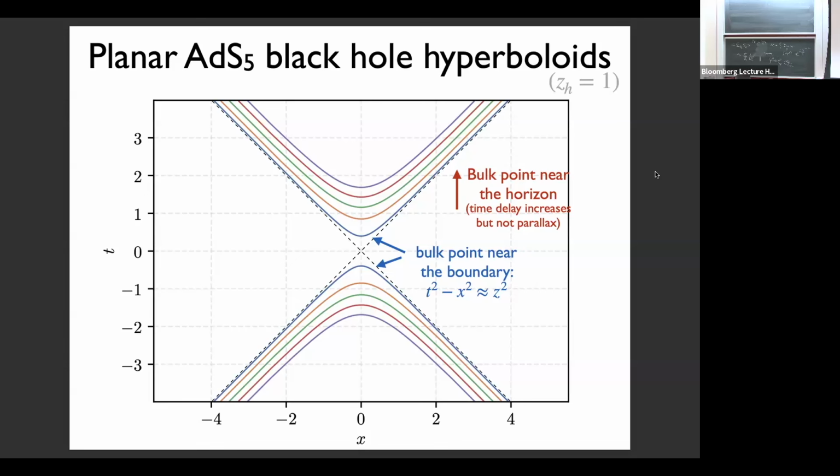The only thing that changes when your point approaches the horizon is that they get translated in time. That's the time that increases, but not the parallax. In some sense, the particle is not going further away from you, but it's just taking longer to get there, and that's the signature of a horizon. Not getting further, but taking longer to go.